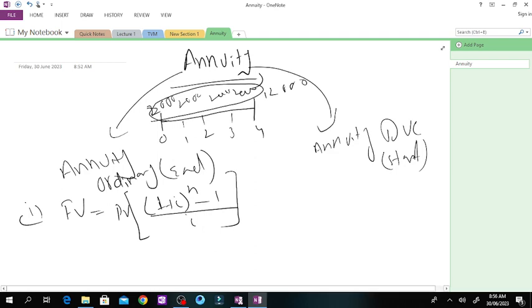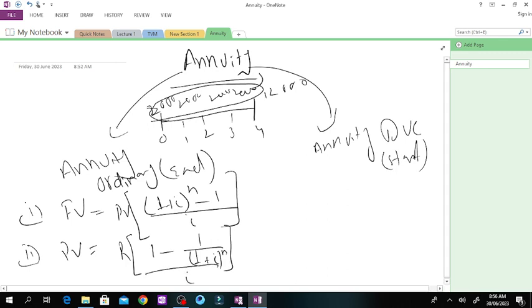And if we wanted to find present value, then what would be the formula? You can denote it with R as well. R is equal to 1 minus 1 over (1 plus i) power n, divided by i. So this is the way you calculate the annuity ordinary case.